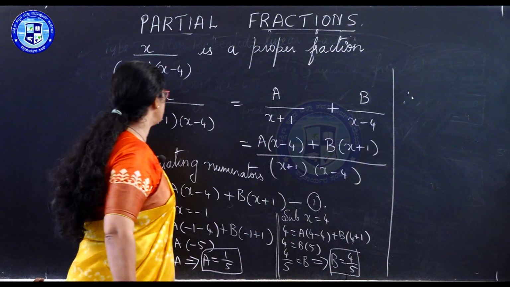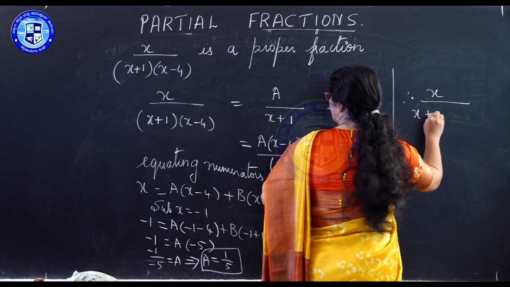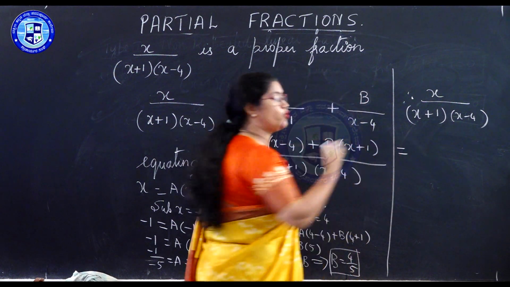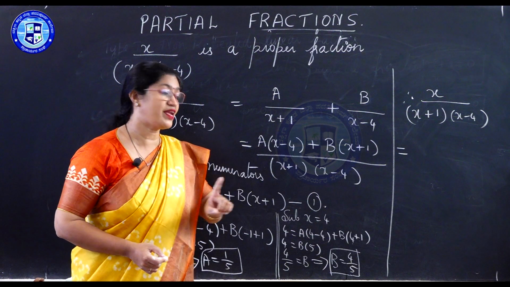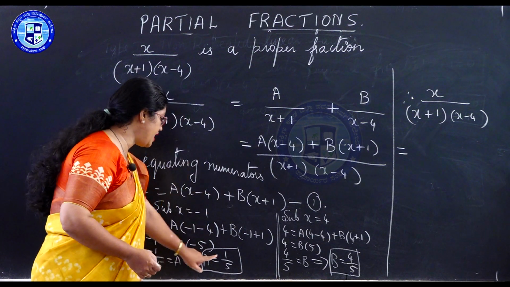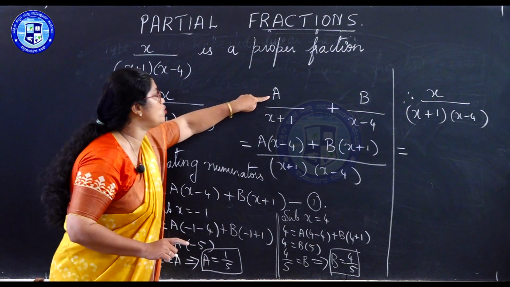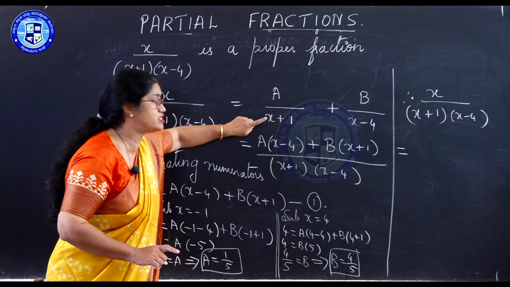Therefore, what was the question? X by x plus 1 into x minus 4 is equal to, I have to write it as partial fractions. What was A? A is 1 by 5. Write it carefully. For A, what was the denominator? Denominator was x plus 1.